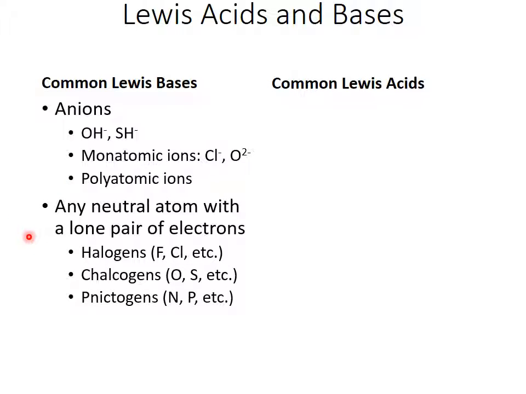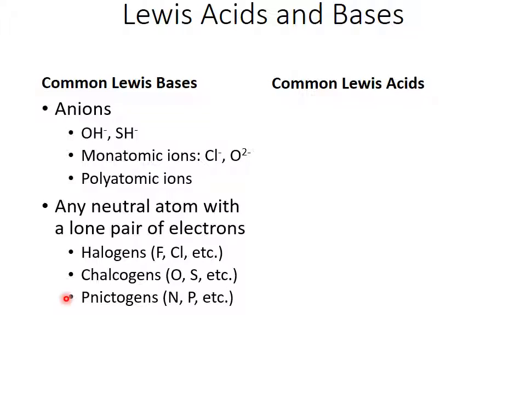It can also be any neutral atom that has a lone pair of electrons, one or more lone pairs. So this includes halogens, fluorine, chlorine, etc., chalcogens, oxygen, sulfur, etc., or the pnictogens, nitrogen or phosphorus.